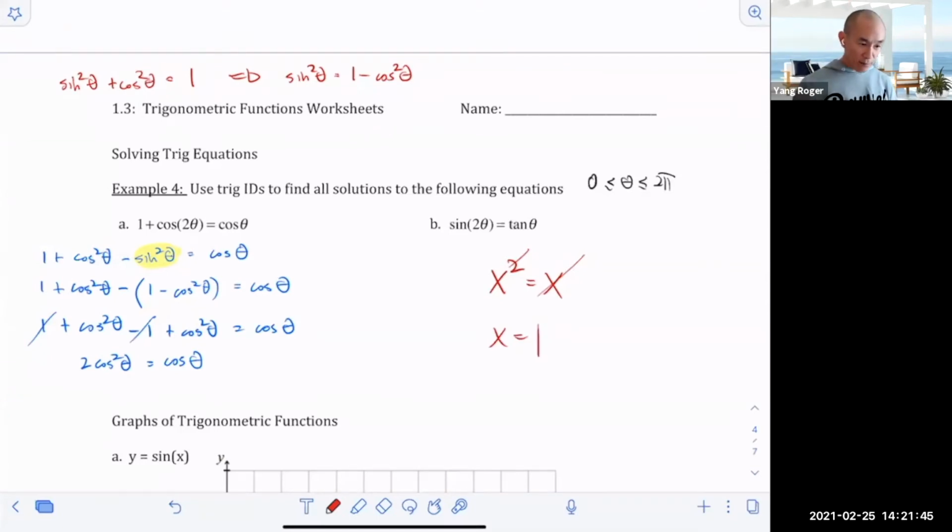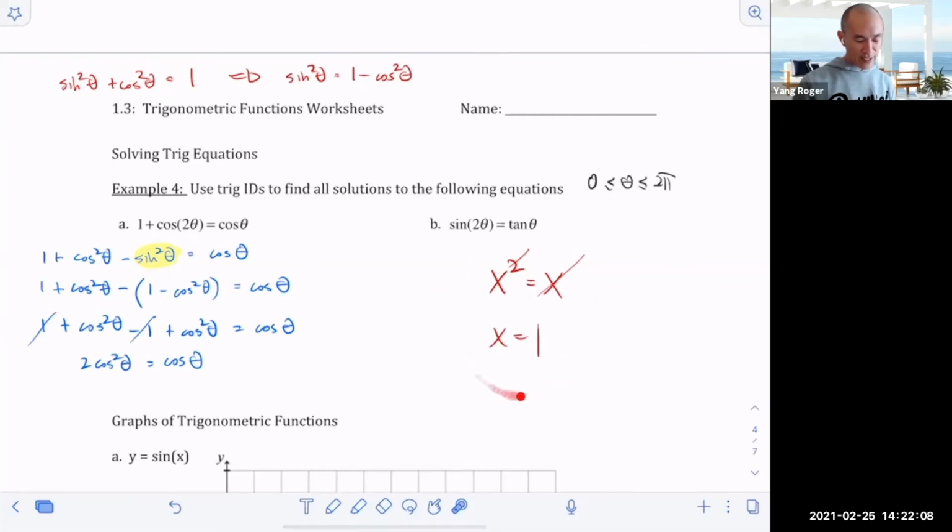Oh, holy cow. Gary, I just saw your comment. Yes. When I write cosine 2 theta, that's the same thing as cosine parentheses 2 theta. Okay. So I guess I asked a rhetorical question.